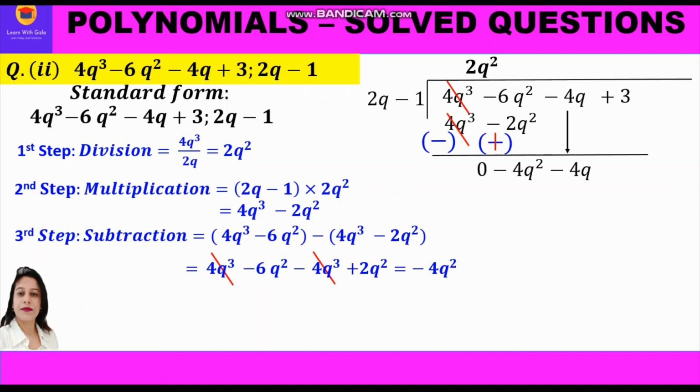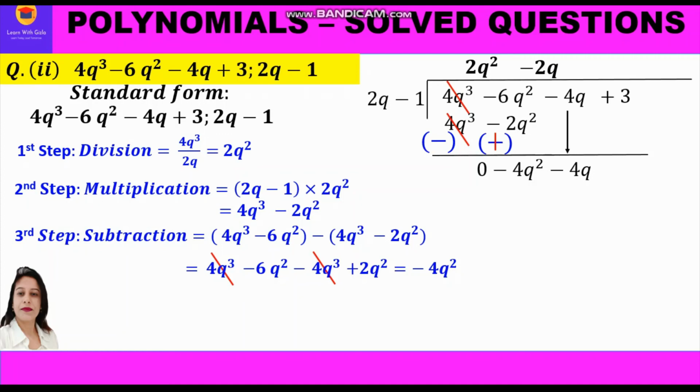We have to solve it by undergoing the three steps all over again. So we shall divide minus 4q square by 2q, and we shall get minus 2q. That is our new quotient which we will write on the top. Another way of finding minus 2q is to think of what number should be multiplied by 2q to get minus 4q square. Now we shall move to the second step of multiplication.